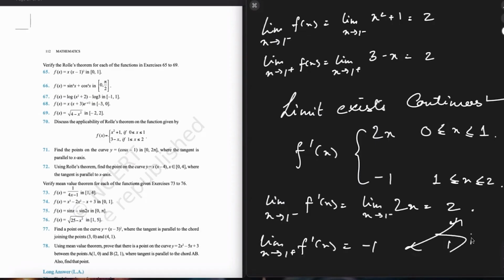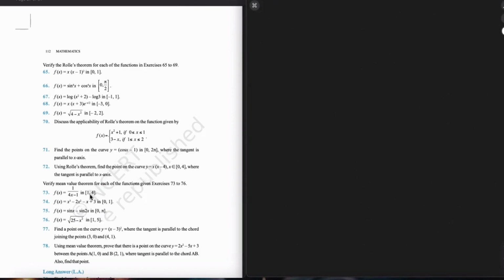Contrasting values, discontinuous. So this proves that ये जो फंक्शन है ये Rolle's theorem को फॉलो नहीं करेगा. This does not follow the criteria.